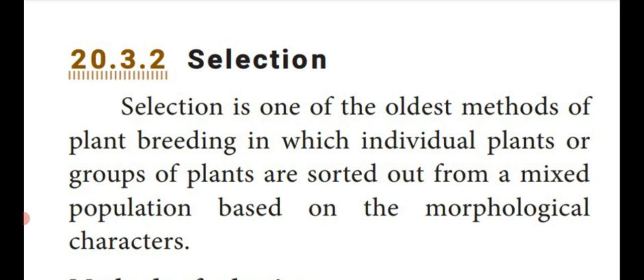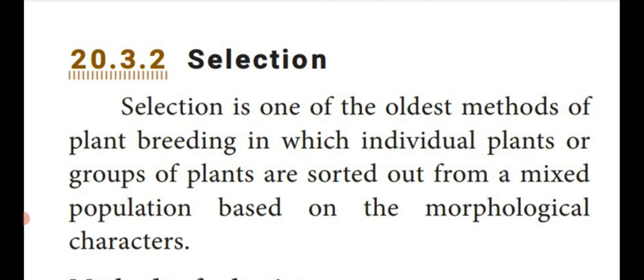From that mixed population, we have to separate or segregate the highly desirable quality of a crop based on the external character or morphological character. That means with our eye we are able to identify the desired quality of a plant from the mixed population. That is known as selection.